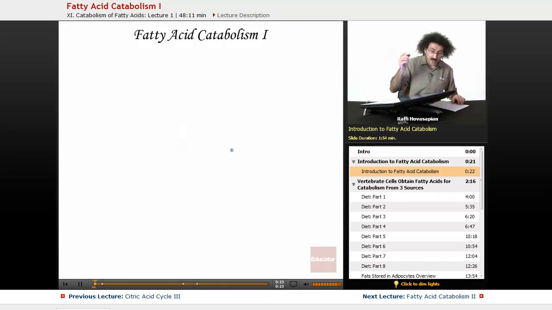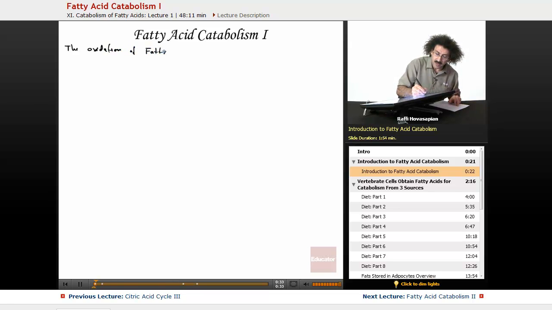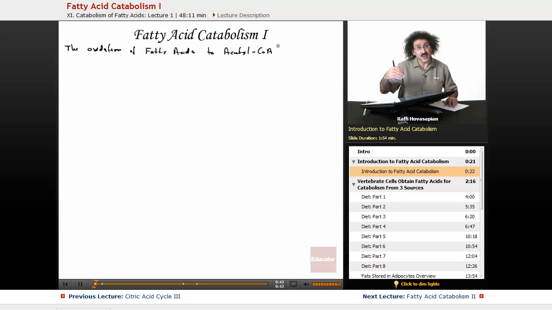Okay, so the oxidation of fatty acids to acetyl-CoA. You notice that fatty acids are also catabolized to acetyl-CoA, just like the pyruvate was that entered the citric acid cycle.